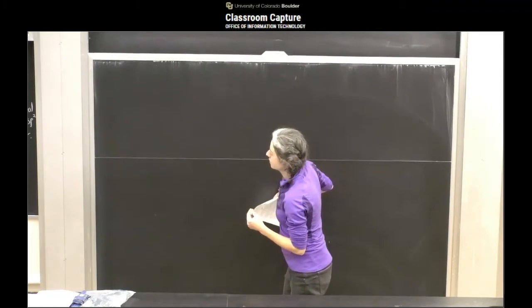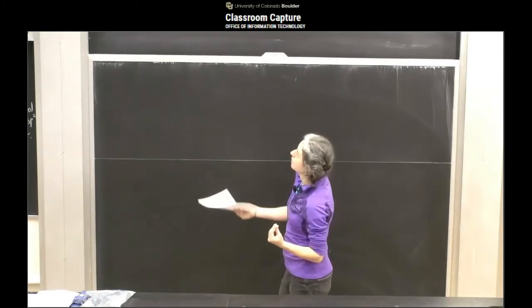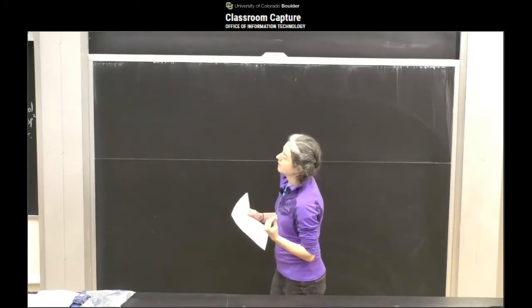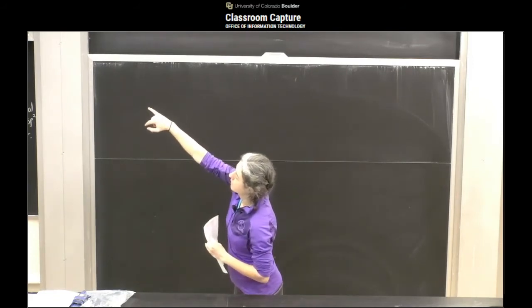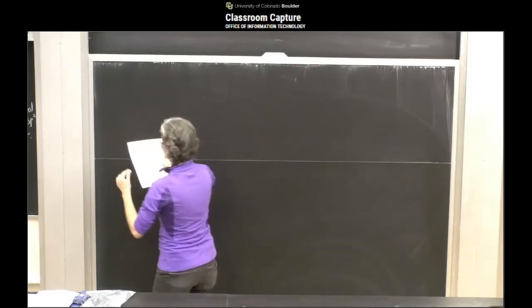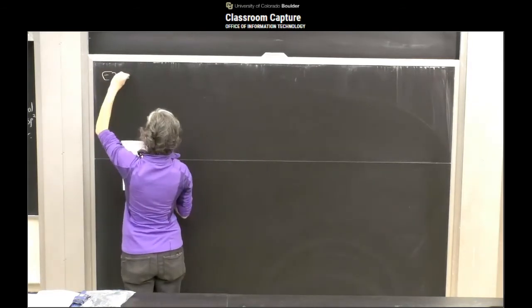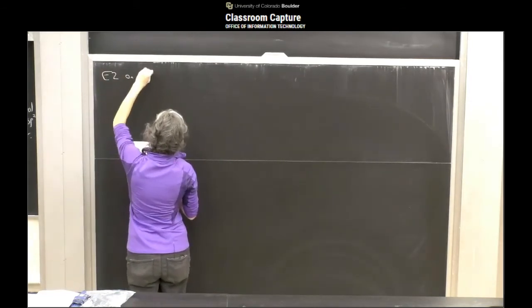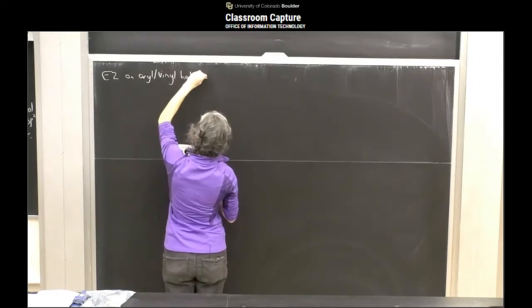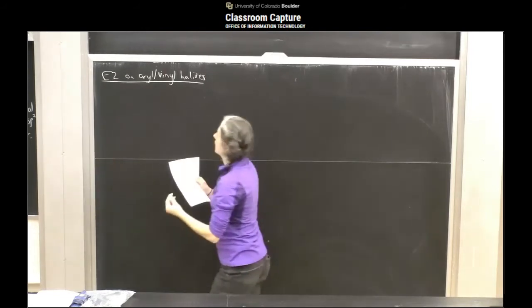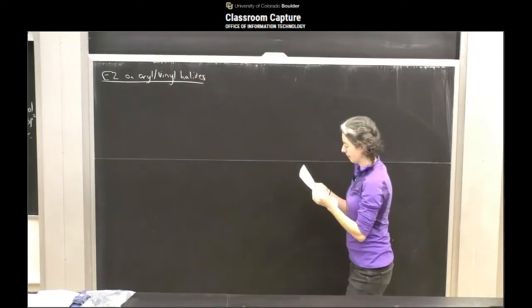Okay, so E2 is kind of the odd one out of these four reactions. It's slightly different from the stuff we saw in the last chapter, and it's going to be slightly different in this chapter as well. So E2 on aryl and vinyl halides.